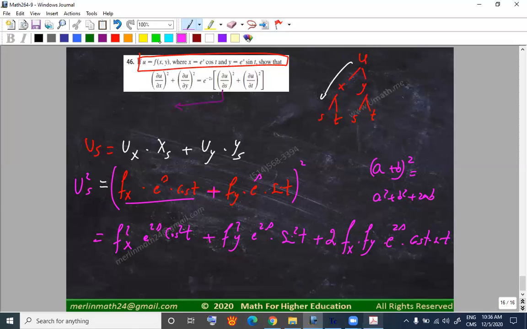Let's do now u_t, and then square it. Again the same thing, but in t.